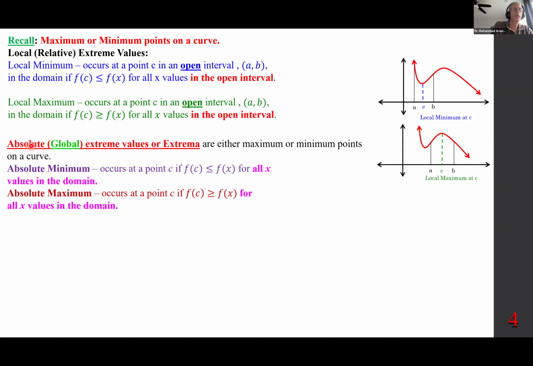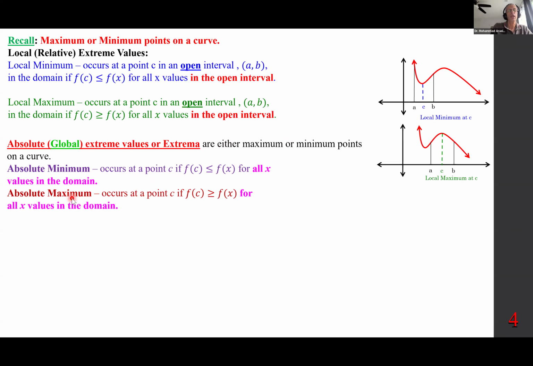Absolute, also known as global extreme values or extrema, are either maximum or minimum points on a curve. Absolute minimum occurs at the point c if f of c is less than or equal to f of x for all x values in the domain, the entire domain.